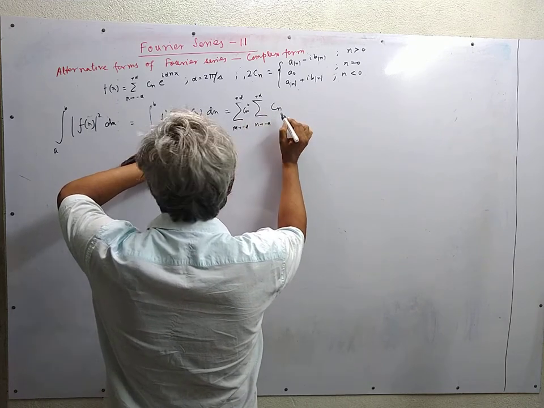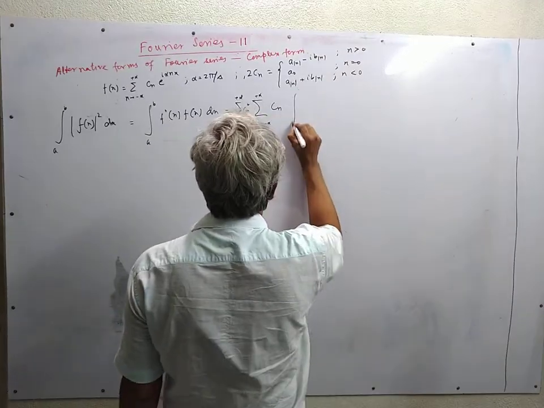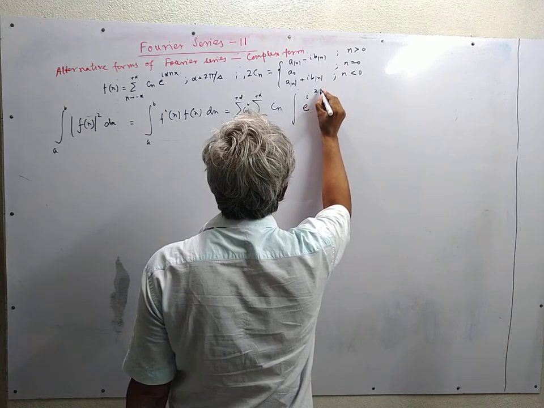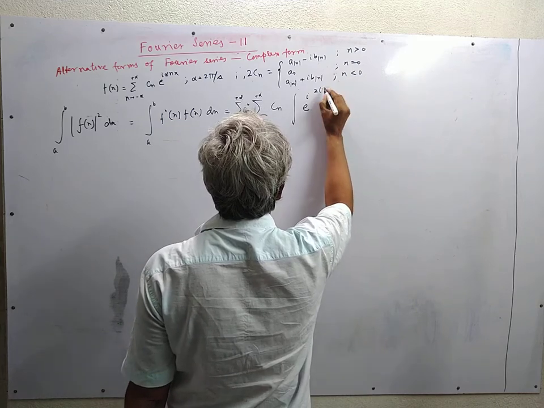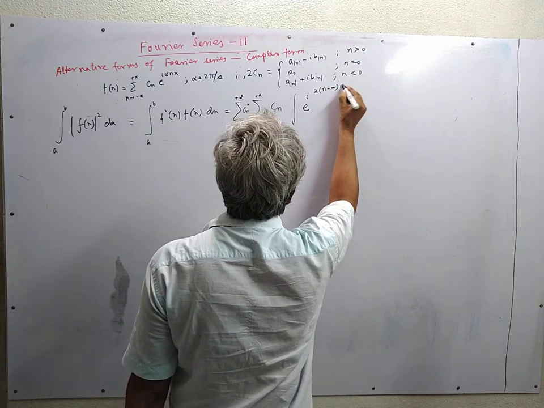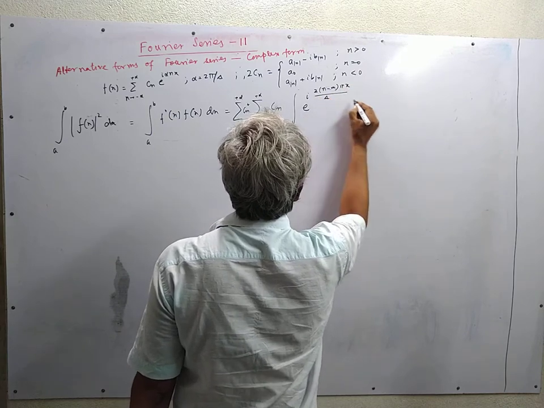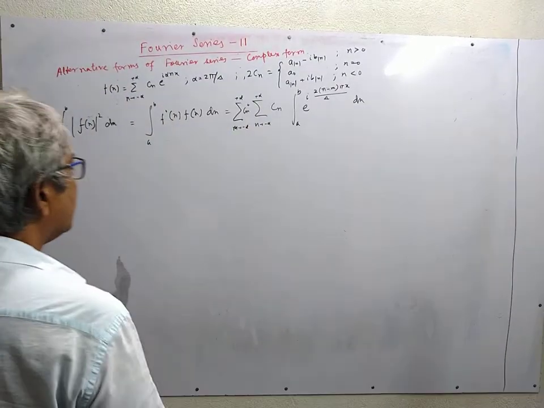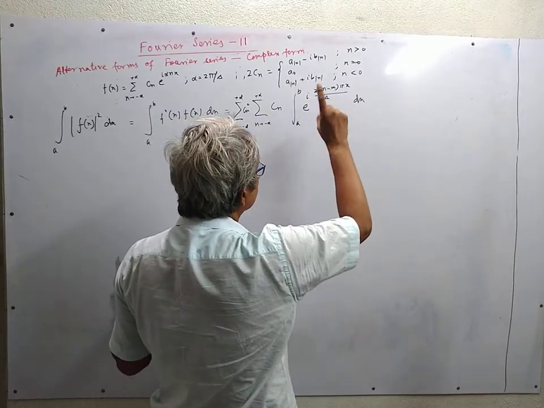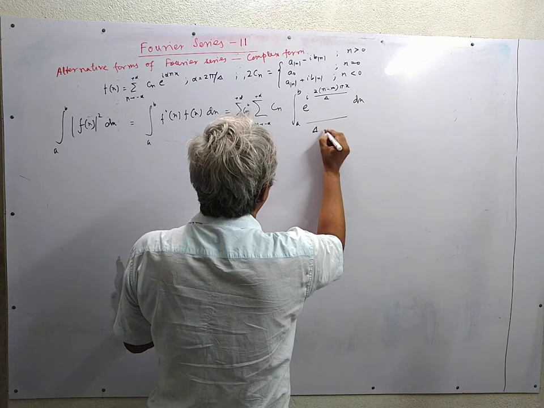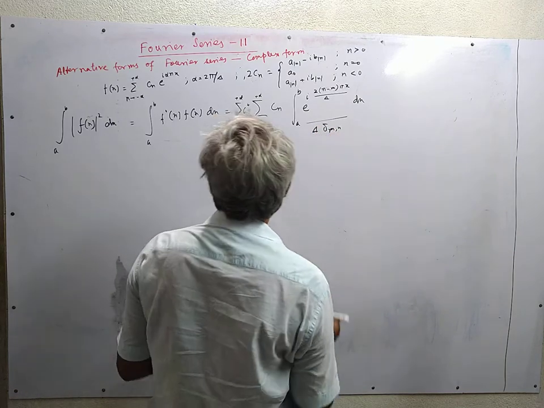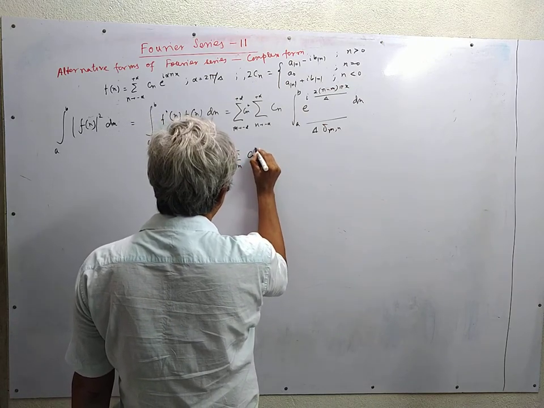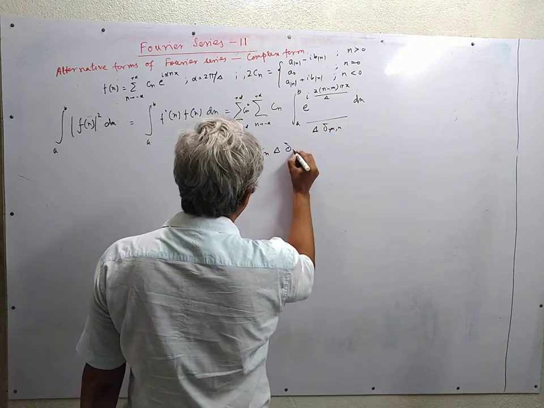Cm star Cn, and then integration e to the power i (n minus m) pi x dx integrated from a to b. So this term, as we have shown on the earlier occasion, is delta times delta mn. So we will have m sum, n sum, Cm star Cn delta times delta mn.